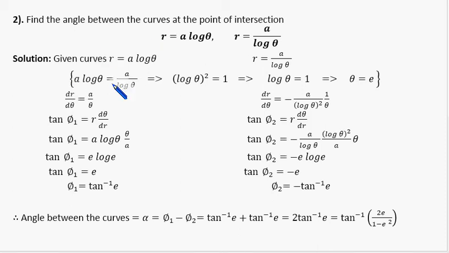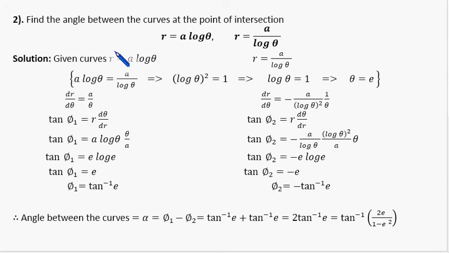Both have r, so we can equate the two right-hand sides, that is a log theta is equal to a by log theta. Here a gets cancelled. Cross multiplying, log theta whole square is equal to 1, which implies log theta is equal to 1, or theta is equal to e. Taking the exponential on both sides, theta is equal to e.